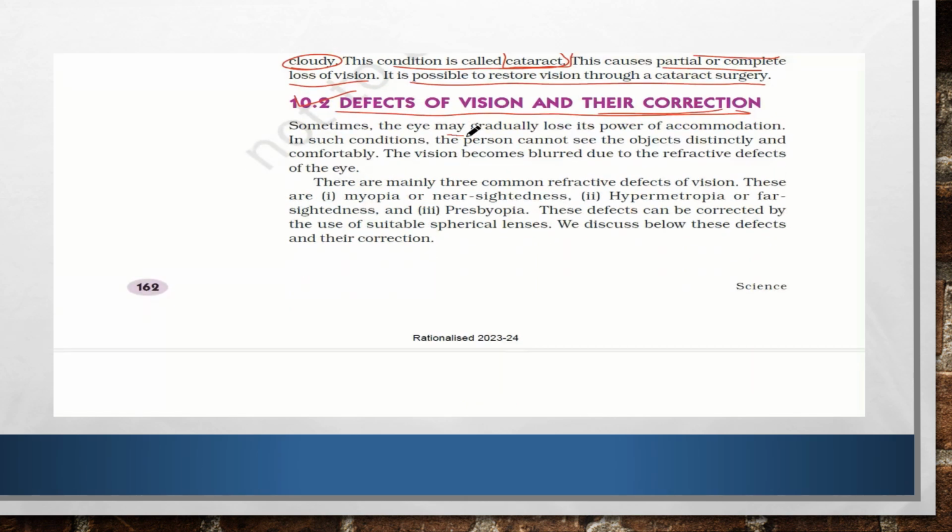Sometimes the eye may gradually lose its power of accommodation. We said what accommodation is: it is the adjustment of the focal length done by the lens and the ciliary muscles. Is it clear? Now the person cannot see objects distinctly and comfortably. The vision becomes blurred due to the refractive defects of the eye.